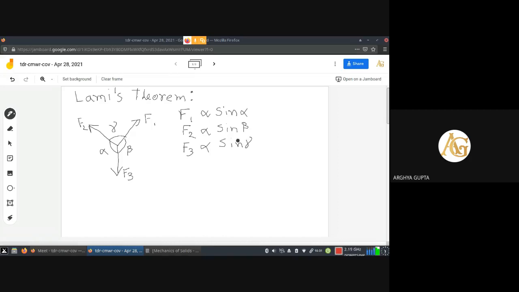Now if we make the proportionality constant the same, so F1 by sine alpha equals a constant, F2 by sine beta equals a constant, and F3 by sine gamma equals a constant.